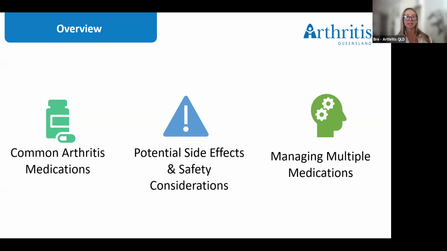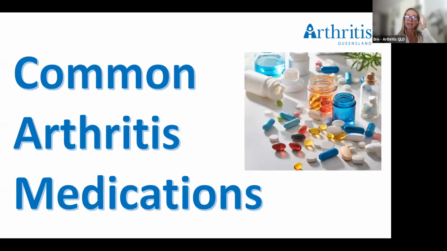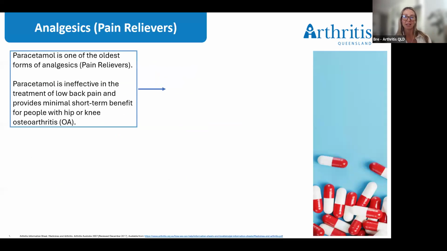We'll also discuss the potential side effects and safety considerations associated with these common arthritis medications. And then we'll finish off the webinar by learning tips and strategies for managing multiple medications commonly used in arthritis treatment. All right, so let's get started on some common arthritis medications.